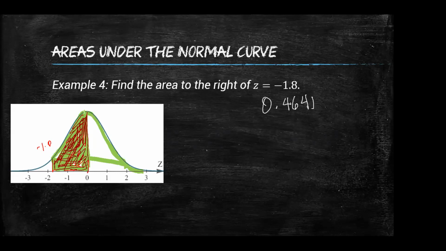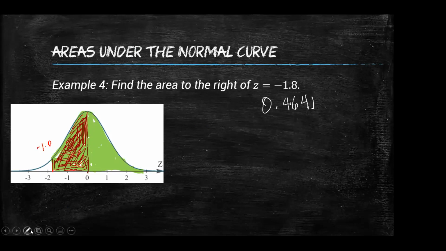Ngayon, class, ano yung area from here, dito sa 0, pa right niya? Ano kaya, class, no? From 0 papunta dun sa right niya. Ano yung area? 0.5. Okay. 0.5.